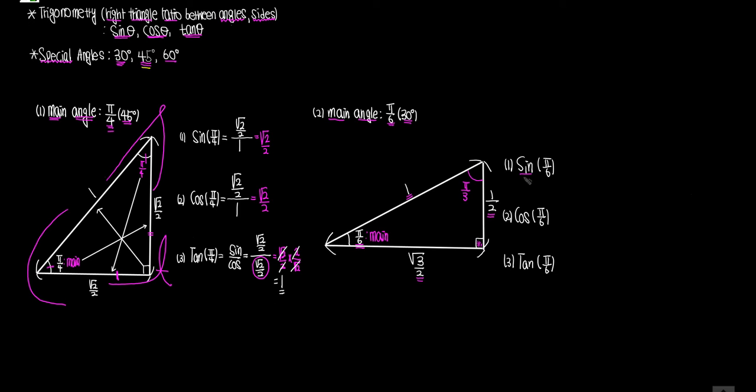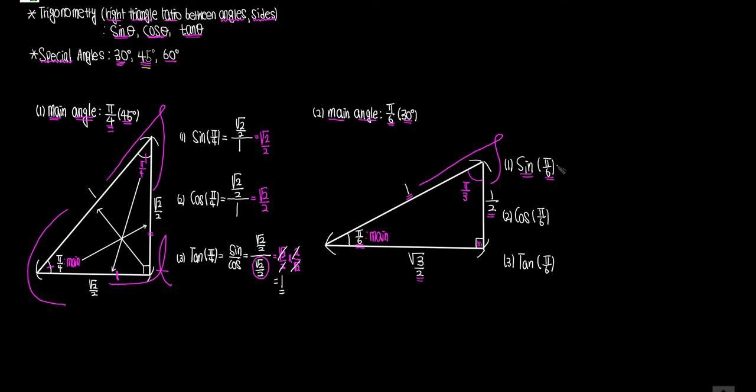How do we define the sine of any special angle as the main angle pi over 6 in this case? For sine, just like we did here, we use s that always starts off the hypotenuse of our right triangle. That will be the denominator, and we finish at the numerator part, which is the opposite side of our main angle.